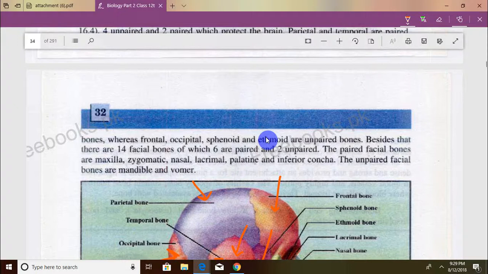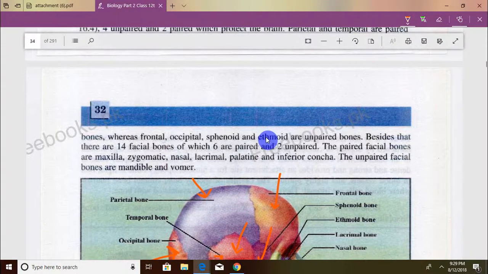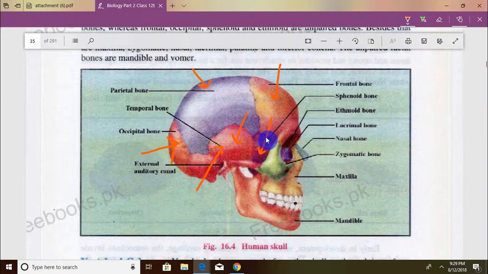The unpaired are the mandible and the vomer. As for the paired, we have the nasal, the lacrimal, the inferior concha, the palatine, the zygomatic, and the maxilla. I may have missed some. Hard to recall all of them under pressure.